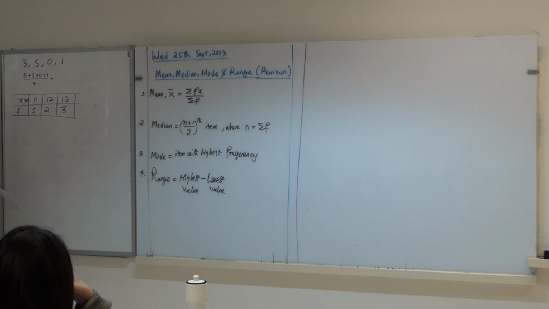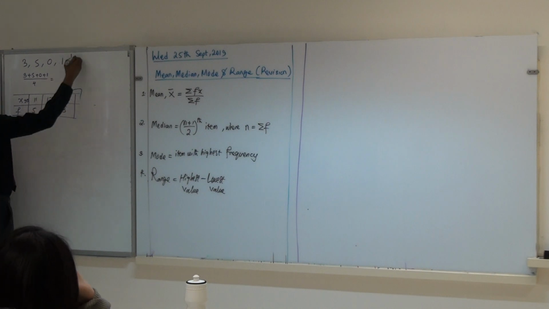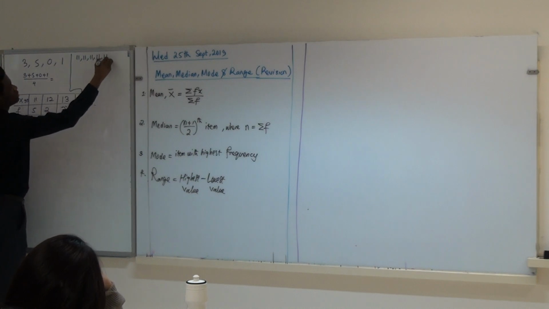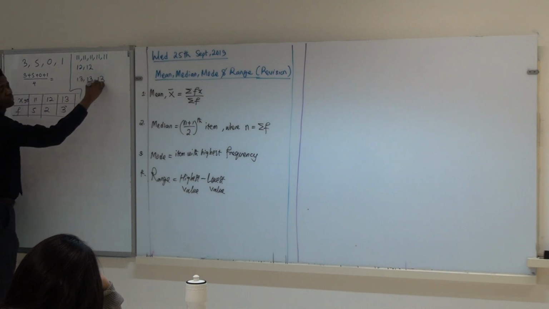Now this table was constructed as a result of the following data, which is what some of you were trying to do. There are 11 how many times? 5 times. There are 12 how many times? 2. And there are 13 3 times.